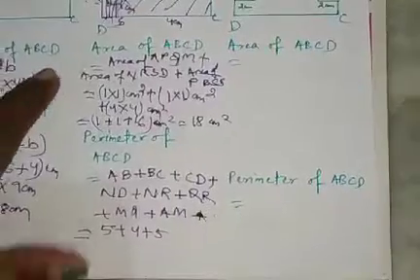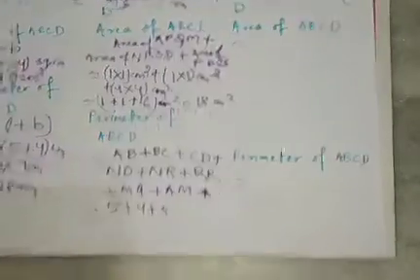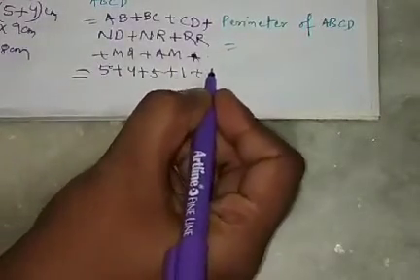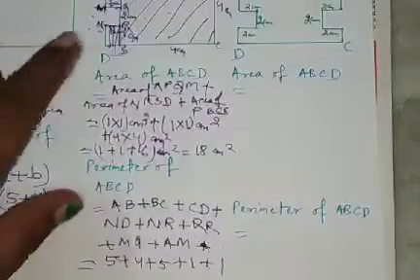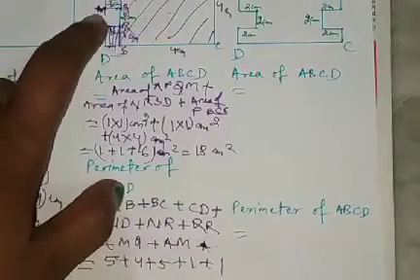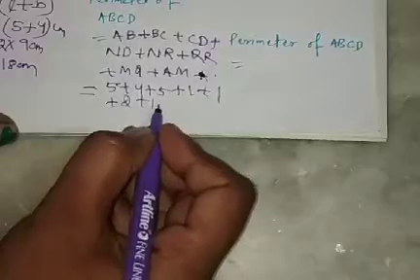Next, ND equals 1, NR equals 1, plus 1 plus 1. Next we see RQ equals 2, QM equals 1, AM equals 1, so 2 plus 1 plus 1.